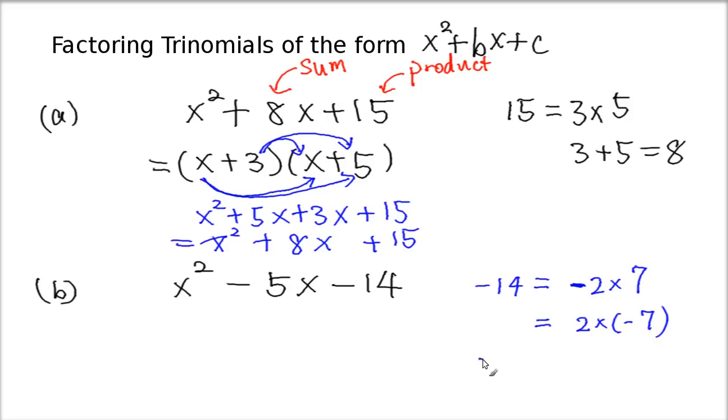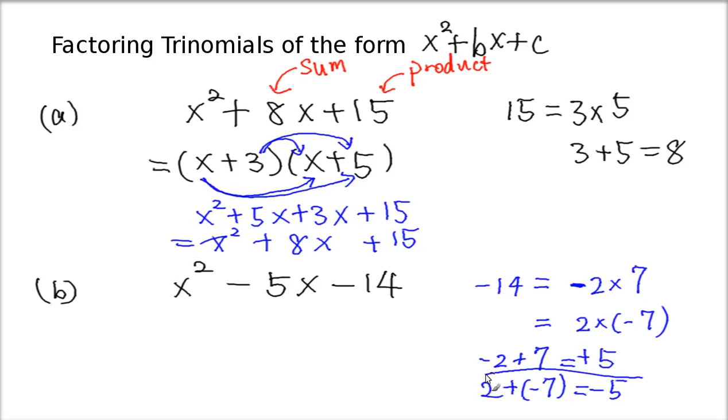Well, negative 2 plus 7 is 5, positive 5. And the second choice gives you 2 plus negative 7 equals negative 5. So do we want positive 5 or negative 5? Well, look at the number here. It's negative 5.